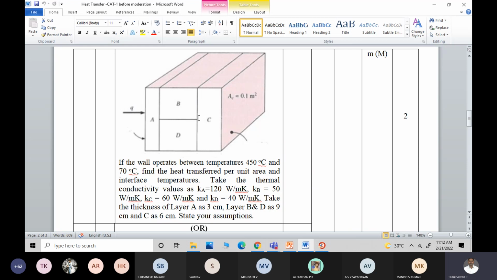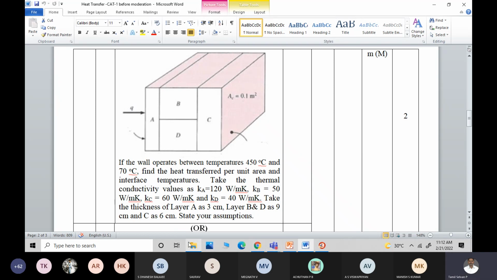So we are going to calculate the temperature at this interface between this straight line, right? The interface between this BD and C, and this A and BD. And we are proceeding in the x-axis direction. See, the x-axis is the base direction. Am I correct? Yes, sir. We are not proceeding in the y-axis direction.